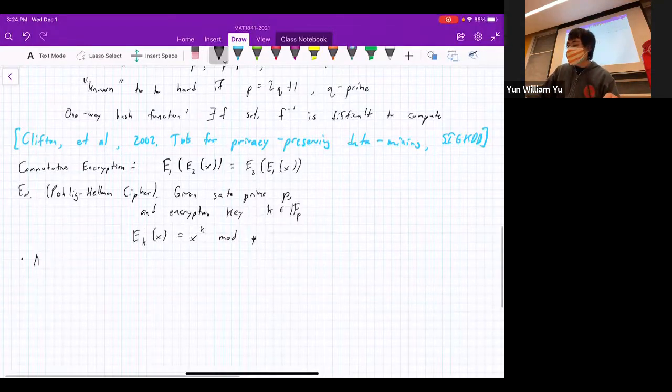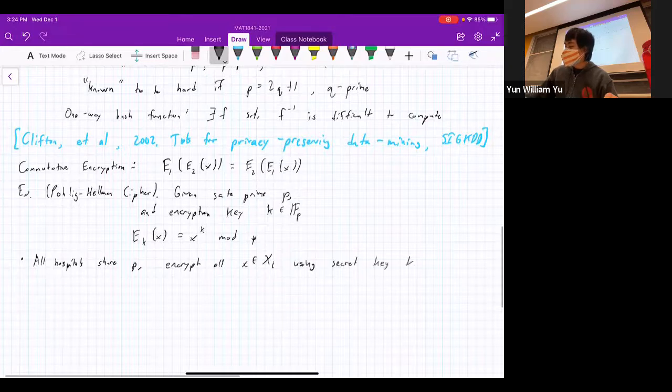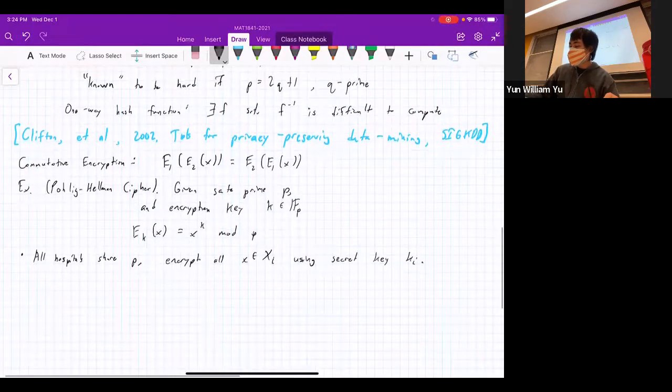Okay, so then what's the protocol going to be? All hospitals share P, and then you encrypt all of them, X in X_i, using secret key K_i. Each X here is going to be one of our patients, patient IDs or whatever.